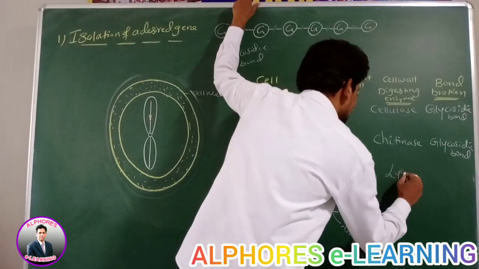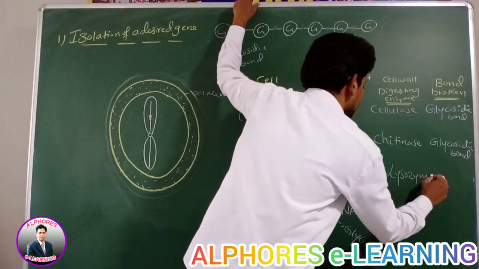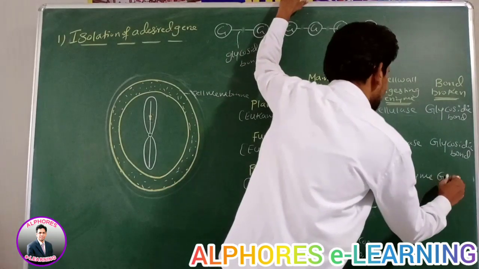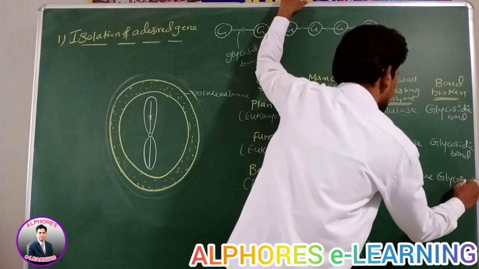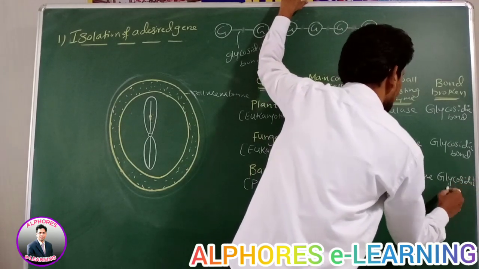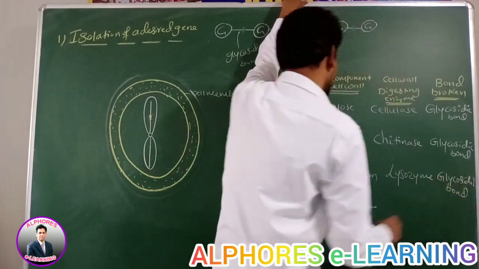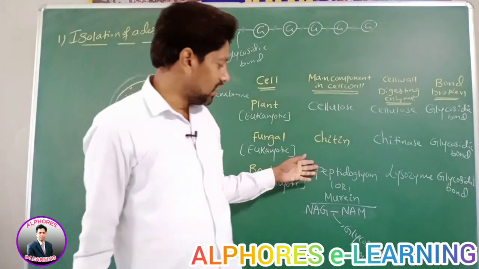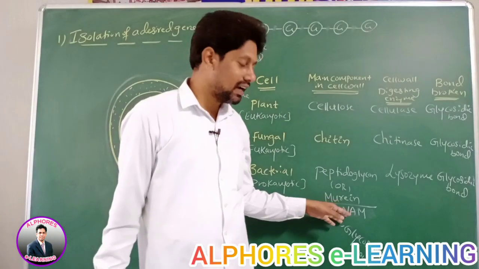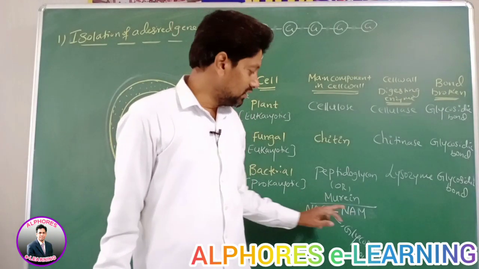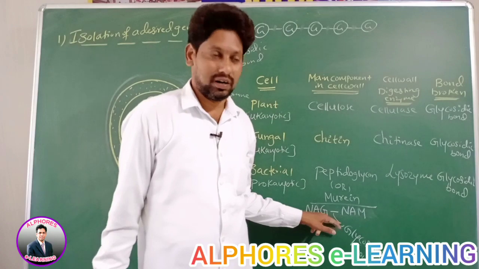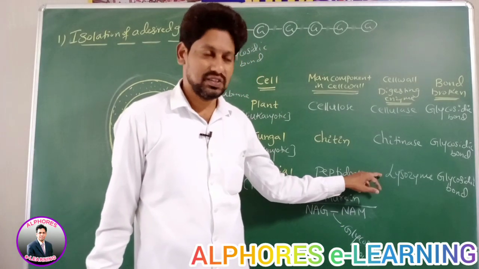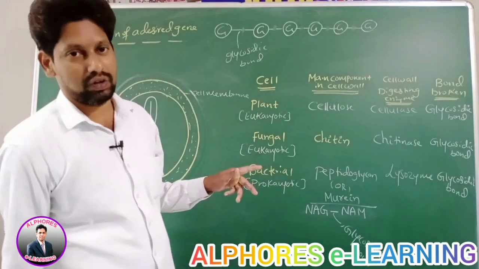We have to use lysozyme enzyme. It breaks the glycosidic bond present between N-acetyl glucosamine and N-acetyl muramic acid of peptidoglycan. That bond was broken by whom? Lysozyme enzyme. Is this statement okay?